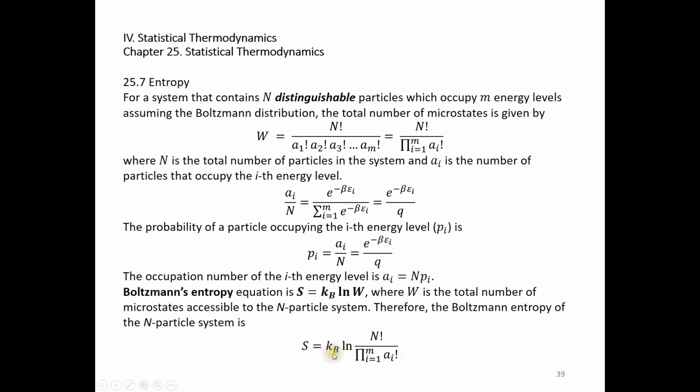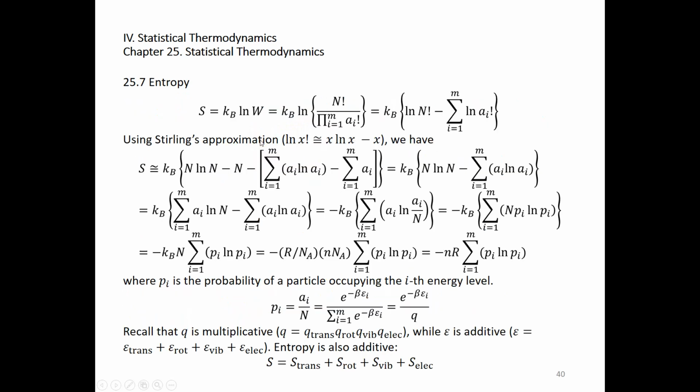S is equal to k sub B times the natural logarithm of n factorial divided by a1 factorial, a2 factorial, a3 factorial, etc. And again, we're going to use the number of microstates associated with the Boltzmann distribution to evaluate W. So Boltzmann entropy is equal to Boltzmann constant k sub B times the natural logarithm of W. And W is the number of microstates.